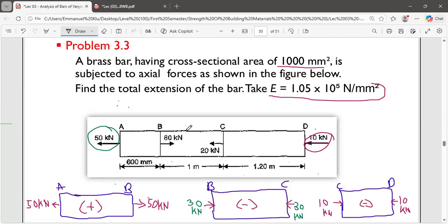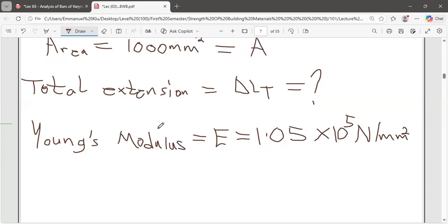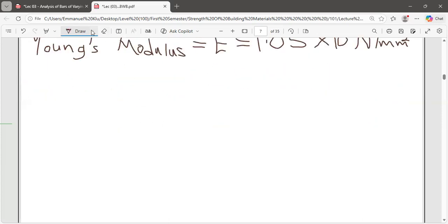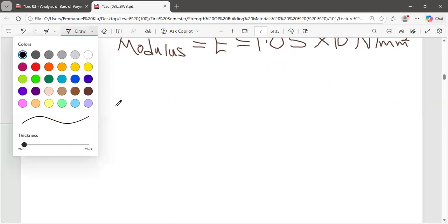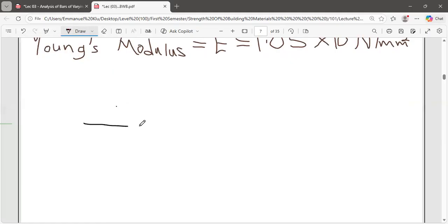Let's quickly put our problem down to make life much easier. Since we have already analyzed it over here, we just pick it bit by bit and represent it on our diagram or board. We are good to go. So this is the first one, and this is AB.